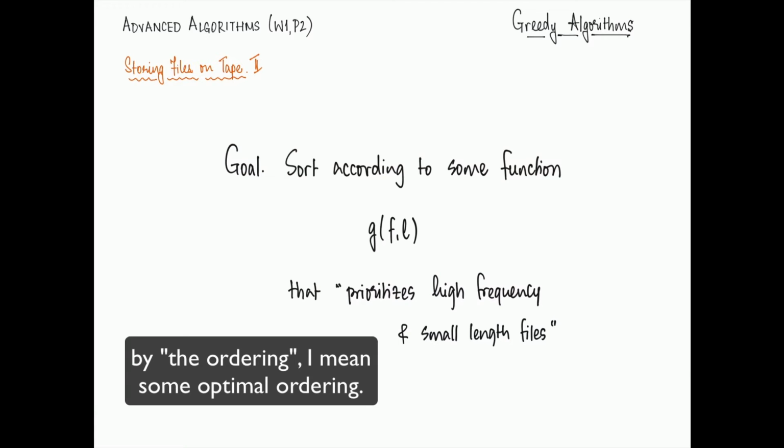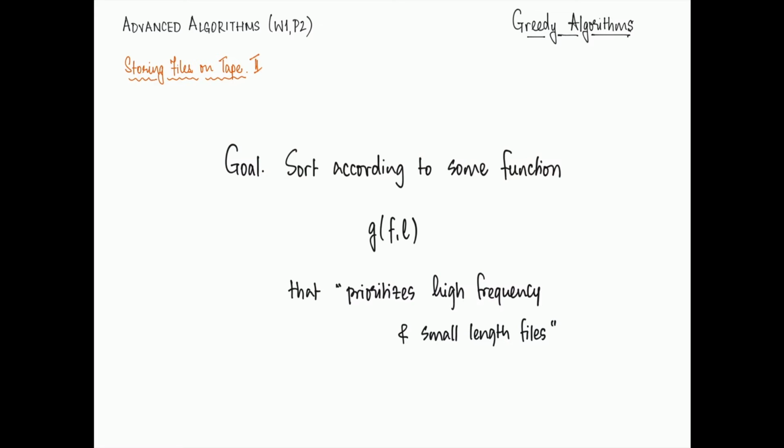And as you can imagine, what you want for this function to do is to prioritize the high frequency files and prioritize the short files somehow simultaneously. And yet again, this is a good place to pause and ponder. See if you can come up with a few candidate functions that have this sort of behavior, and see if you want to try and prove that they actually work in terms of predicting the correct optimal order.